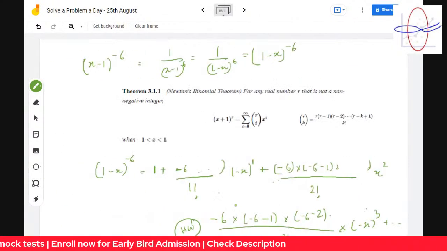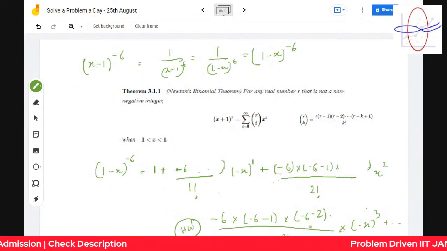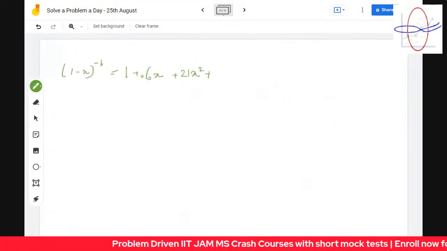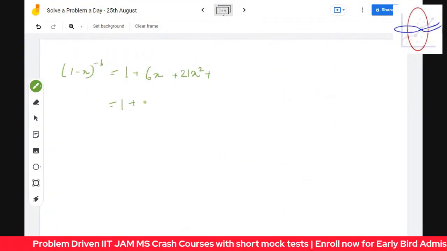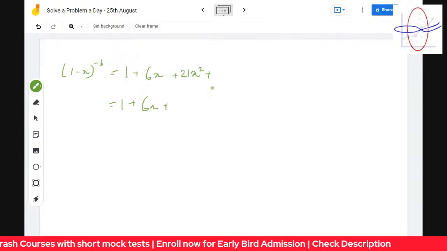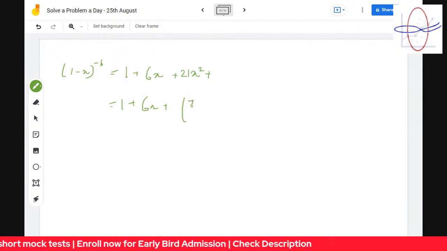And you add it up. Essentially what you get over here is 1 plus 6x plus, you see it's 7 into 6 by 2, so 7 choose 2.